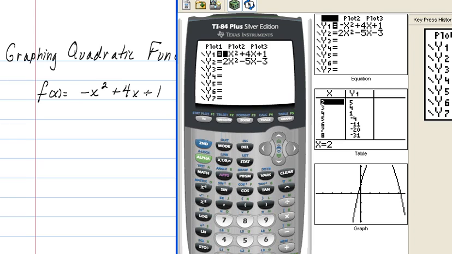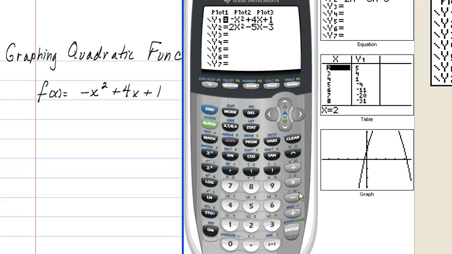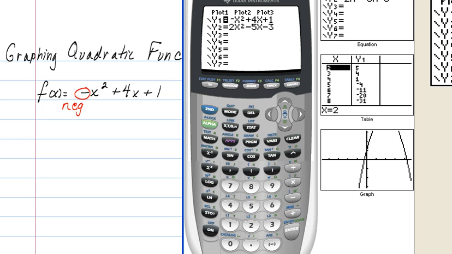Now here is a really important tip, and it's going to cause a problem if you don't catch it right now: how do you type in a negative? You do not use the subtraction key. If I need to make something negative up front, like I have right here, that's a negative, not a subtraction, so I have to use this key right here.